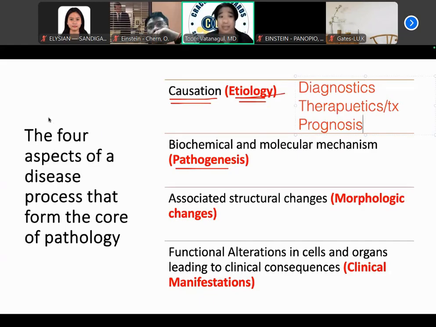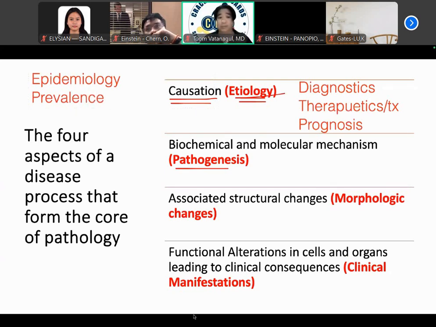And what has recently changed in the exam is they now ask about the epidemiology, or the prevalence of the disease. So please be reminded of this.